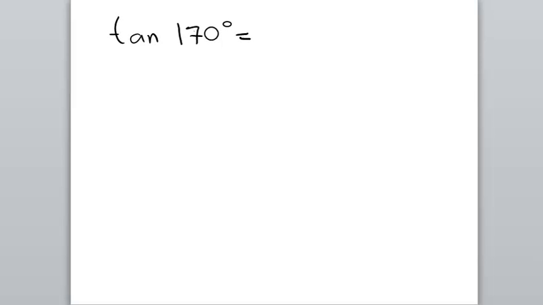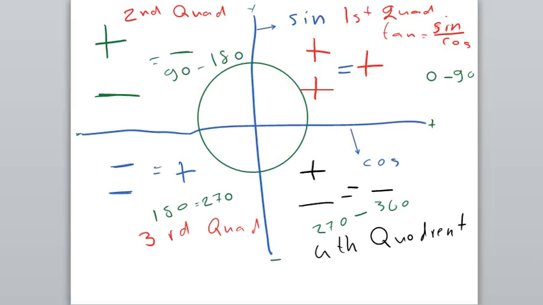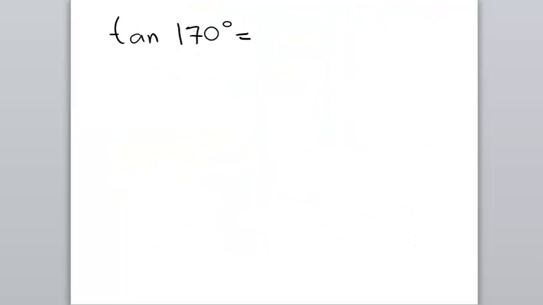It says to determine the sign of the following. So you must find the sign, is it positive or negative? If we look at our unit circle, 170 would be between 90 and 180, so it would be here. So what was tan in here? It was negative, right? So this would be negative.